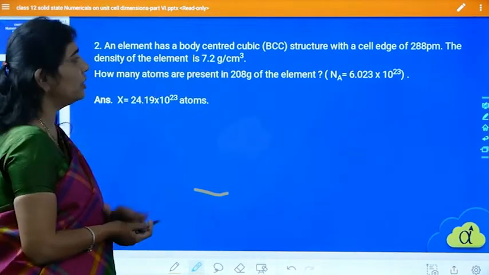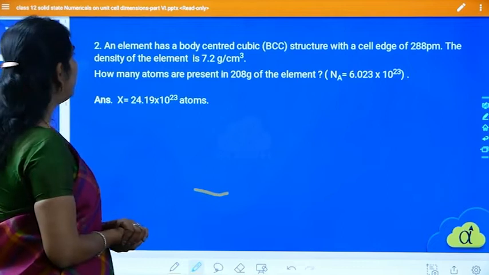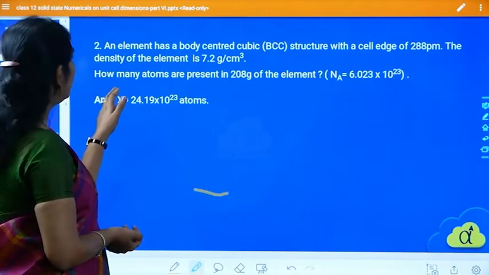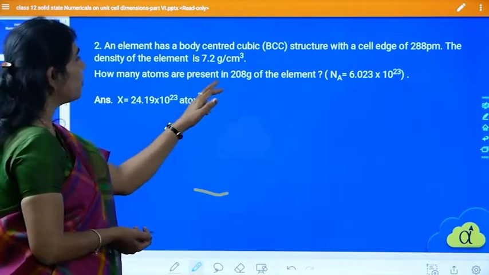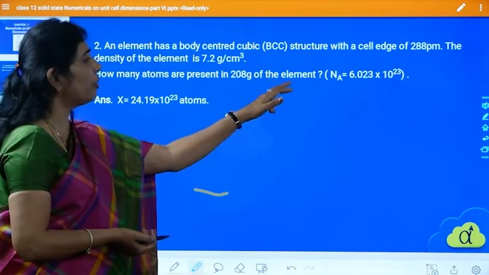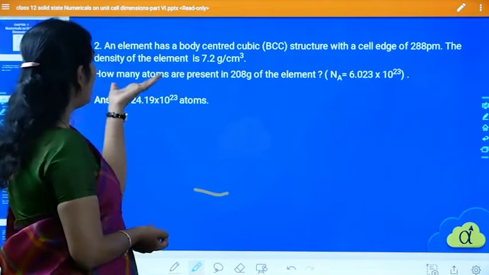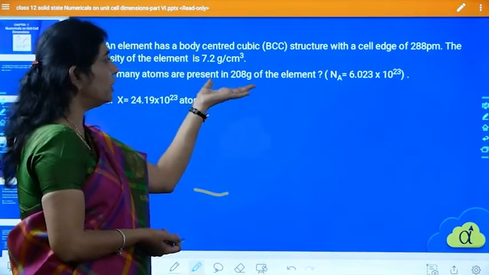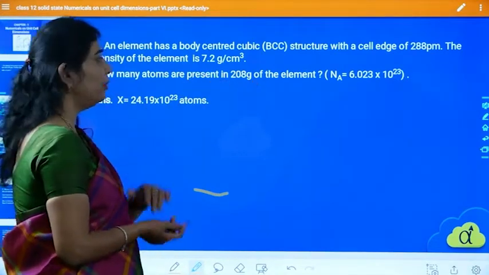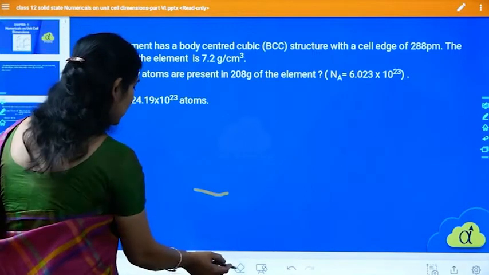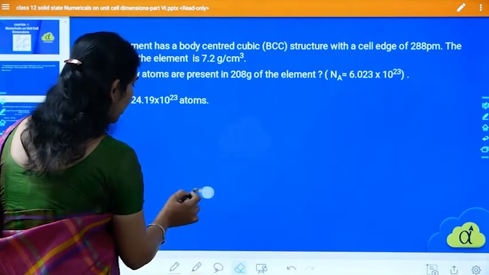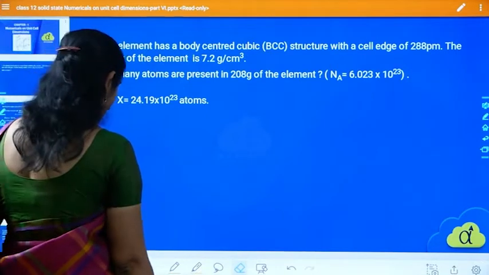So here density is given, edge length is given. Now what you have to do here: how many atoms are present in 208 gram of the element. Please don't get confused. You have to calculate how many atoms are present.